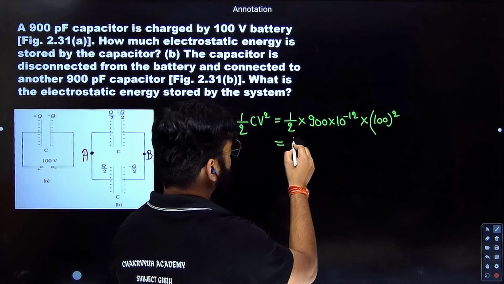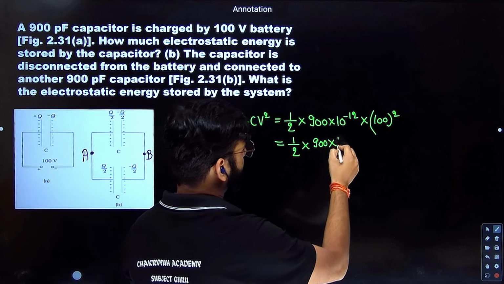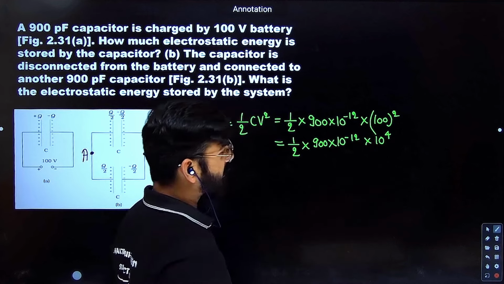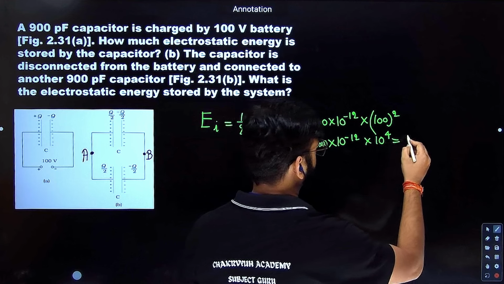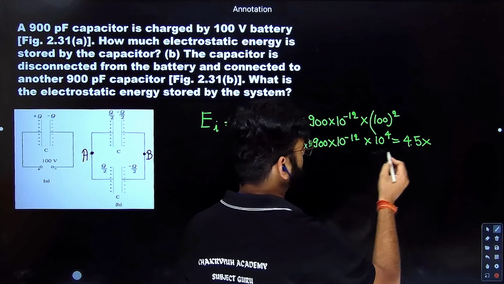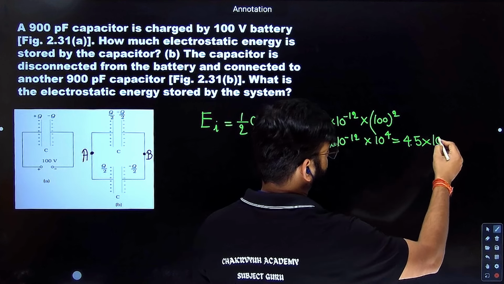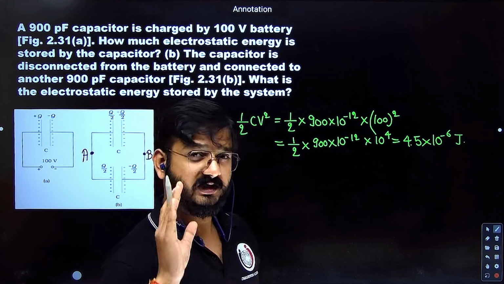This is half into 900 into 10 to the power minus 12 into 10 to the power 4. 9 by 2 is 4.5, and 10 to the power 6 and 10 to the power minus 12 gives 10 to the power minus 6 joules. This much energy is stored initially.